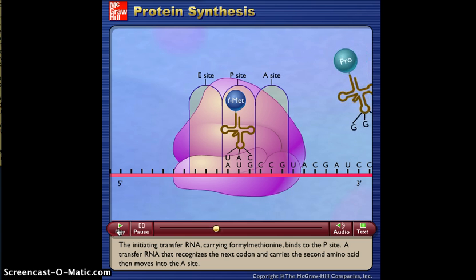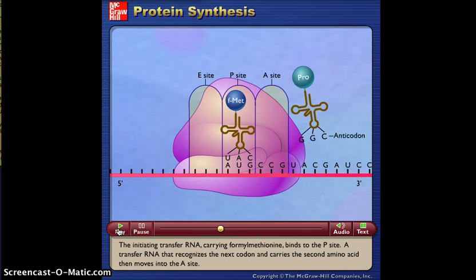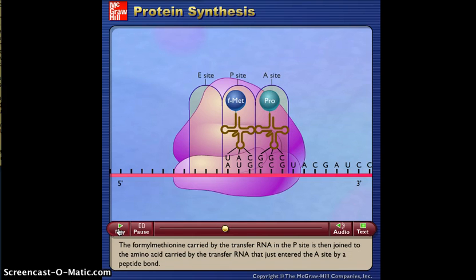A transfer RNA that recognizes the next codon and carries the second amino acid then moves into the A site. The formal methionine carried by the transfer RNA in the P site is then joined to the amino acid carried by the transfer RNA that just entered the A site by a peptide bond.